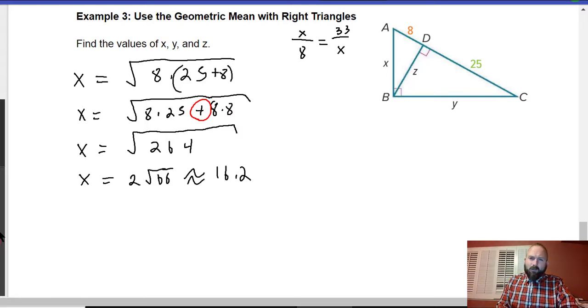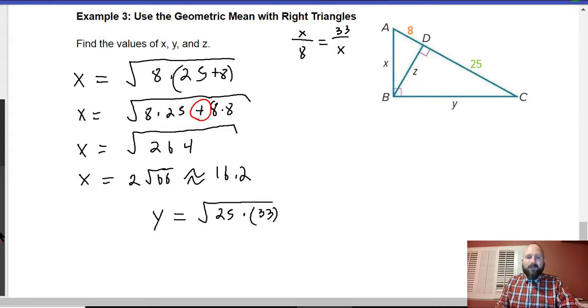All right, let's go on and figure out y. With y we can use the same geometric mean leg theorem again. So y is equal to, on this one, the square root of 25 times 33, or the 25 plus 8 right there.